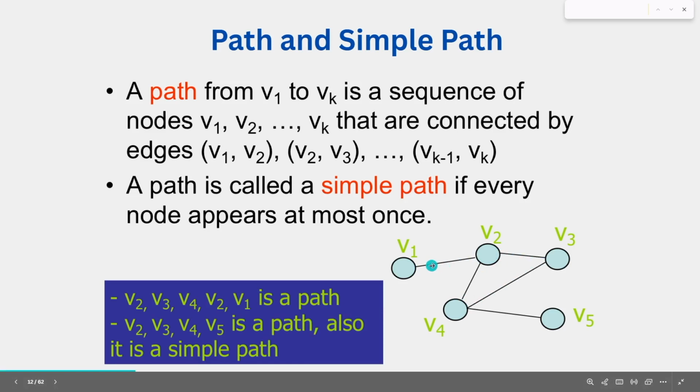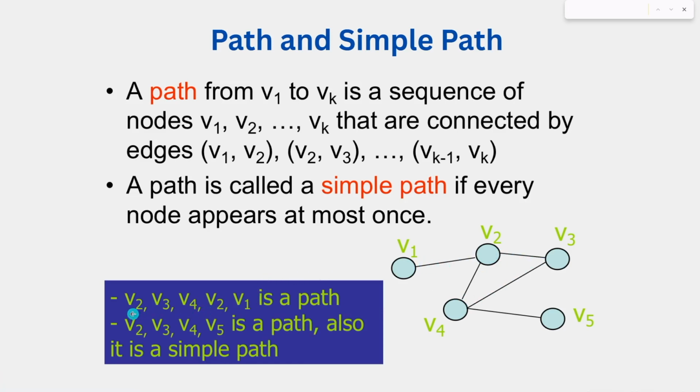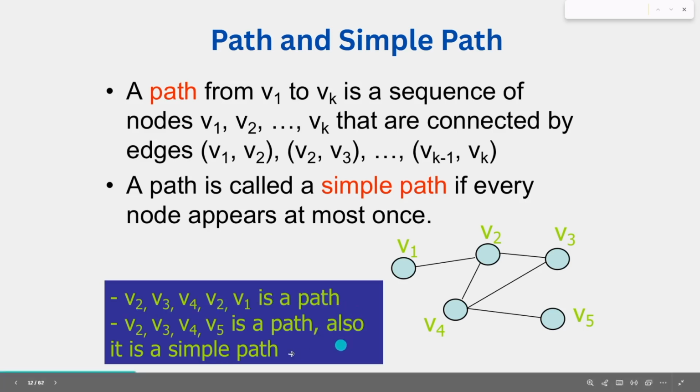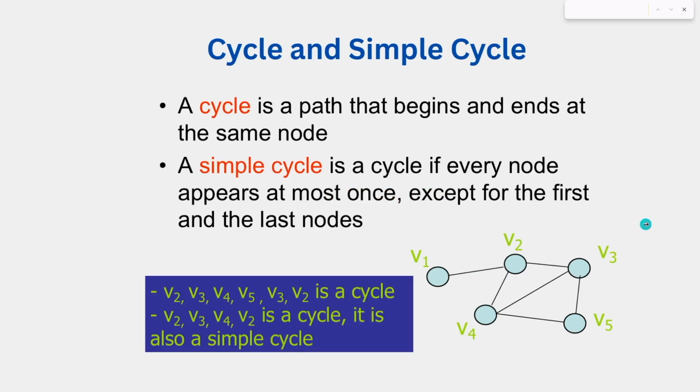You could see in this particular path the vertex V2 appears twice. So, for a path a vertex can appear twice, but for a simple path a vertex should appear exactly once. As an example, V2, V3, V4, V5 can be called a simple path, because every vertex appears exactly once.